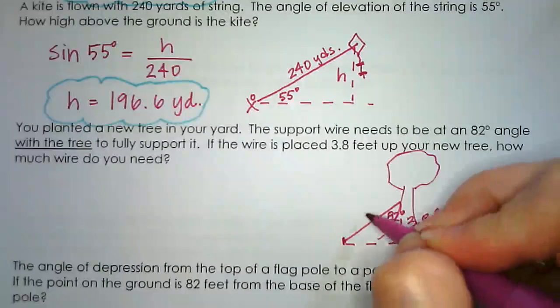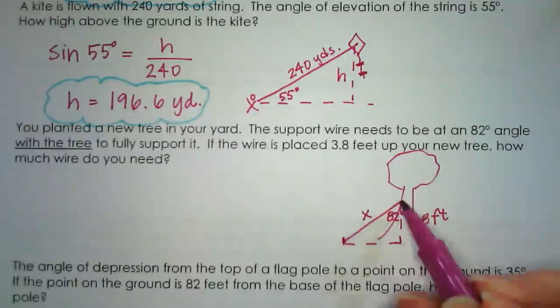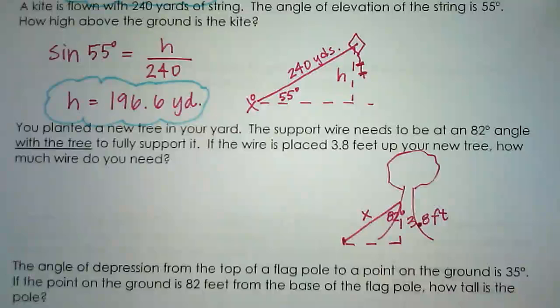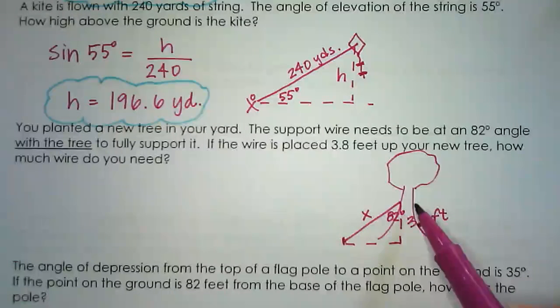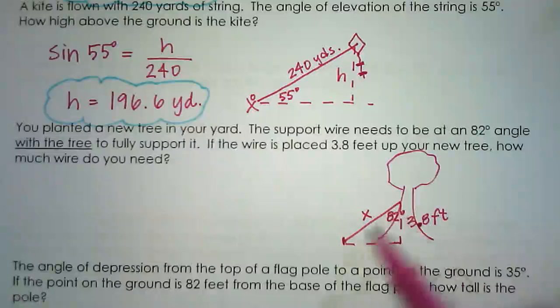So how much wire do you need? So we need that, because this is the wire. The angle between the wire and the tree is 82 degrees, and the wire is 3.8 feet up the height of the tree, and we want to figure out how much wire we need.